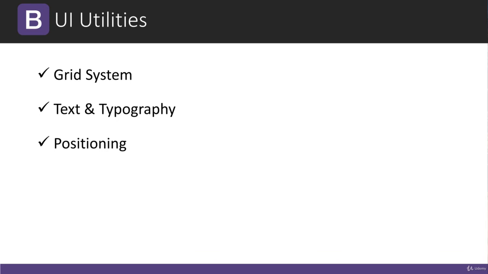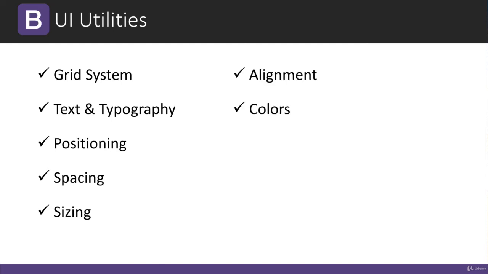We can have classes to display things as blocks or inline blocks. We have spacing classes for margin and padding on top, bottom, any sides we want, different units of measurement. We have sizing classes for widths and heights, alignment for text and other elements, colors for backgrounds and text and buttons, and plenty of other things.